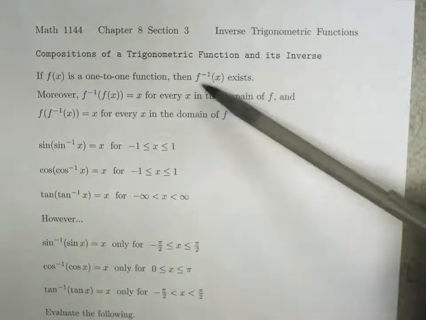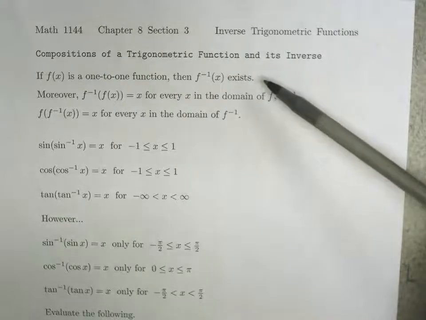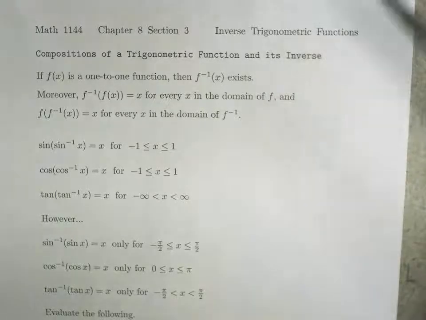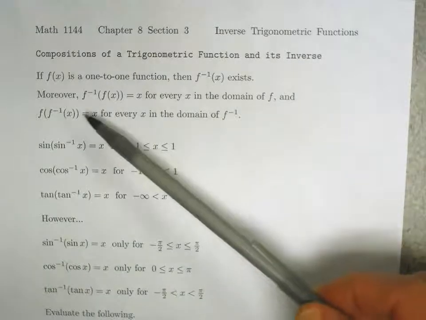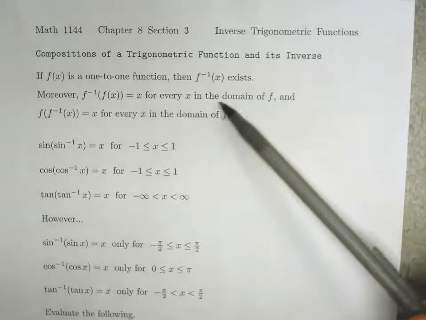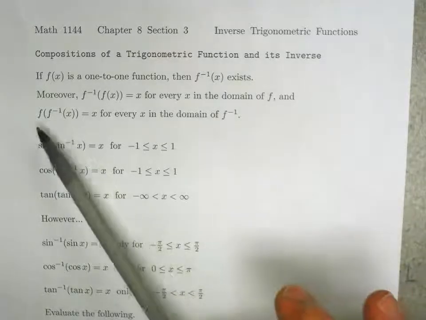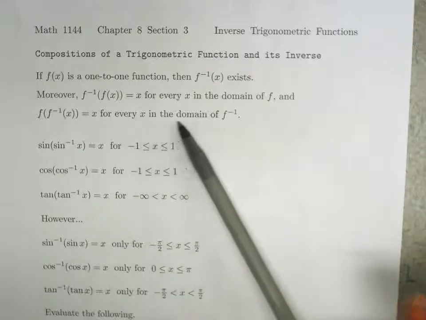What that means, this is the function notation for f inverse, so it means that the inverse is a function. Every function has an inverse, but not all inverses are functions. Okay, f inverse of f of x equals x for every x in the domain of f. And the composition works in the other direction. F of f inverse of x equals x for every x in the domain of f inverse.